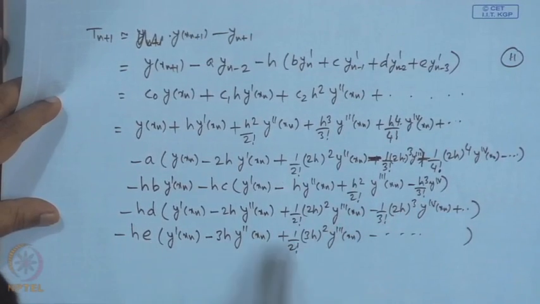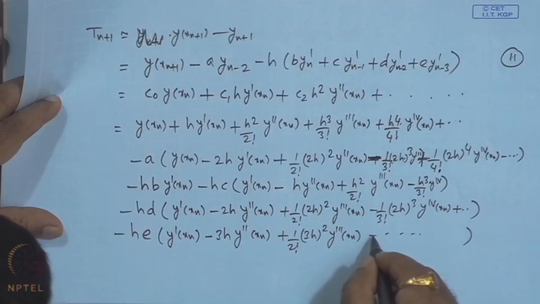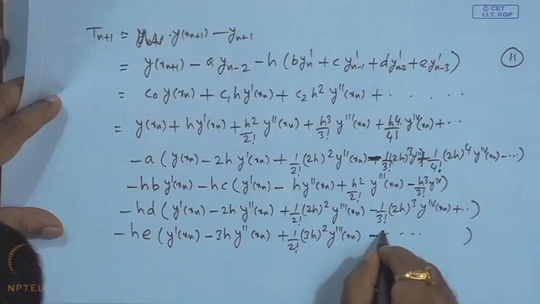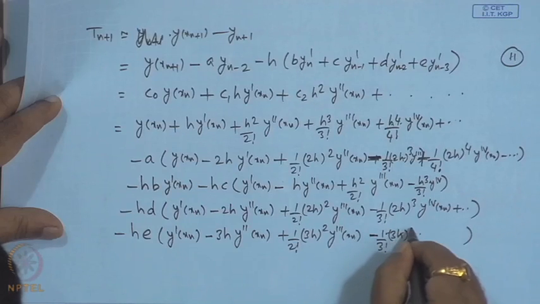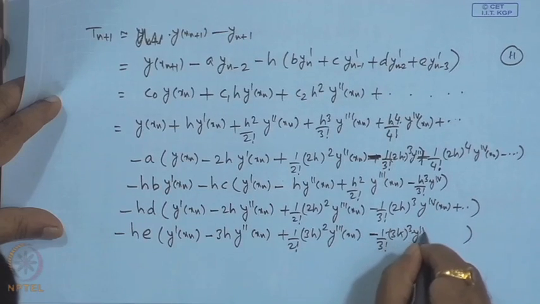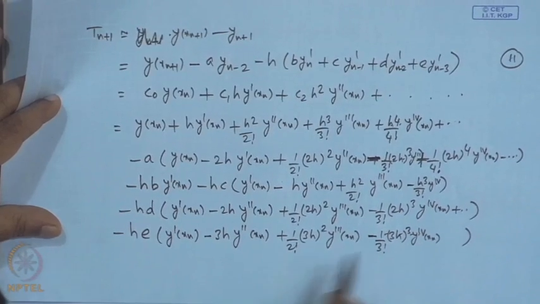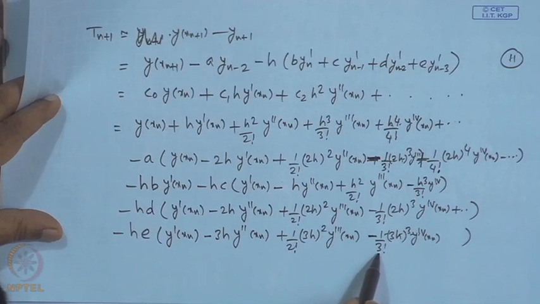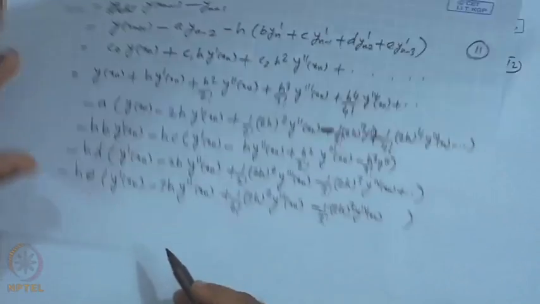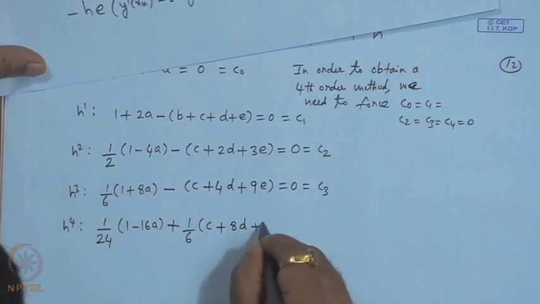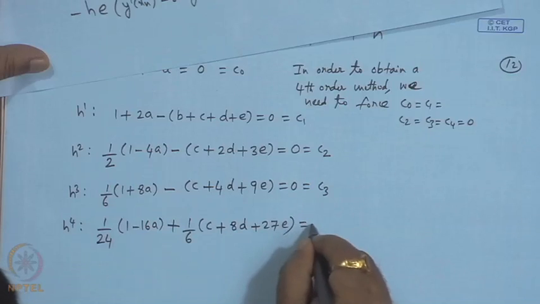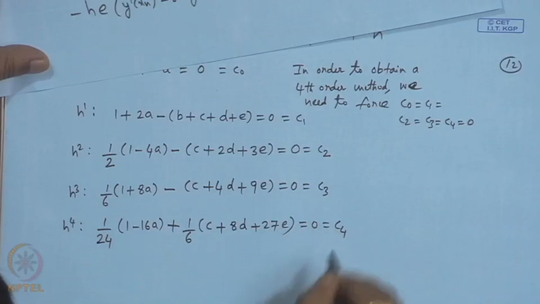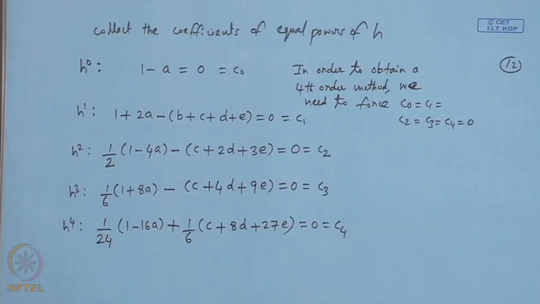Then here we have to go for one more, y 4 of x n. So, here 1 over 3 factorial common, minus minus plus 27 E. Okay. So, this is equal to 0, this is our C 4.